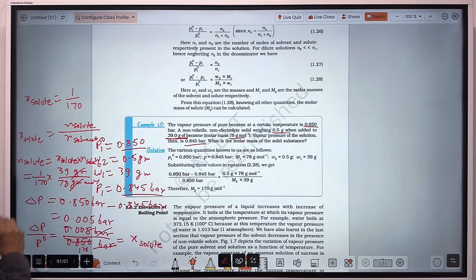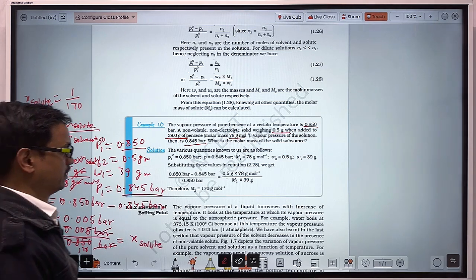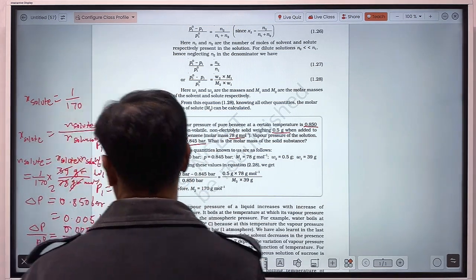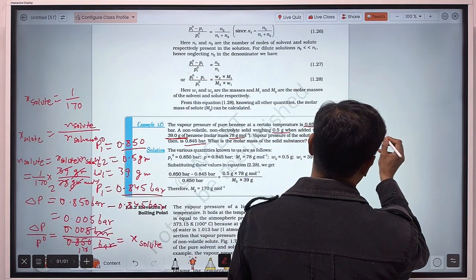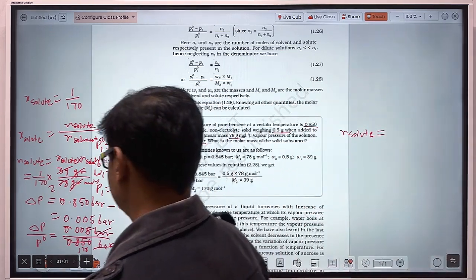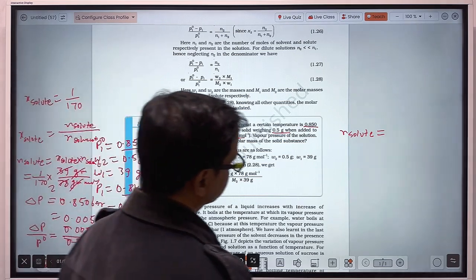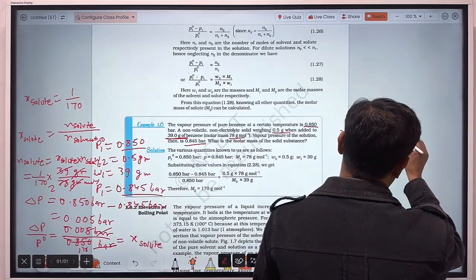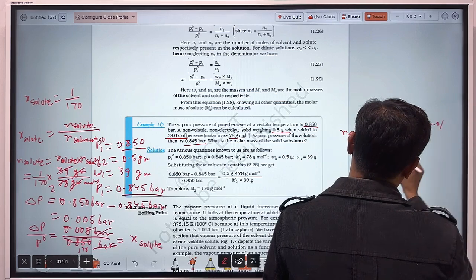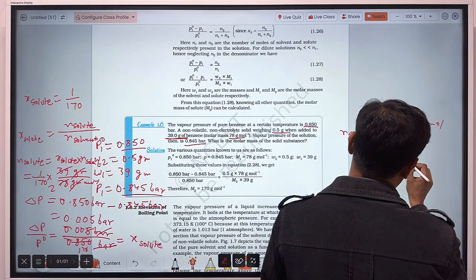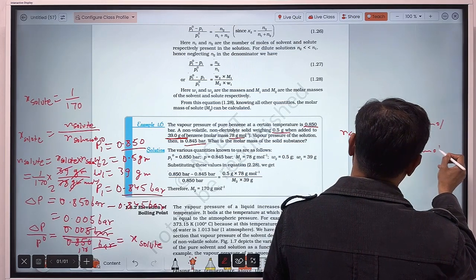Gram will cancel out, mole will go above, so that becomes mole, and that is 2. So the number of moles of solute will be equal to 1 upon 170 into 2, that much mole. That means 1 upon 340 mole.